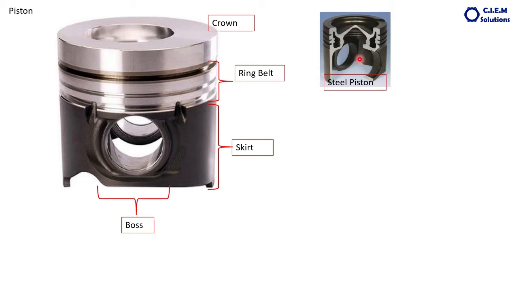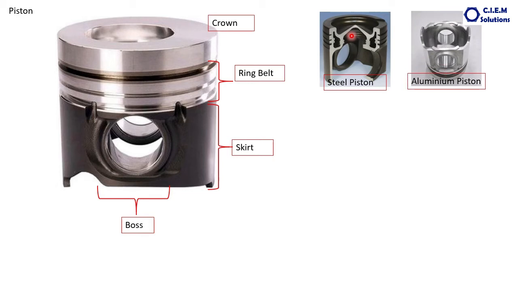Why is this provided? This is mainly provided to increase the heat dissipation area, and also to reduce the weight of the piston, because if the piston has more mass, the centrifugal forces will be more. So to minimize the weight and to increase the heat dissipation area, the hollow space is created.